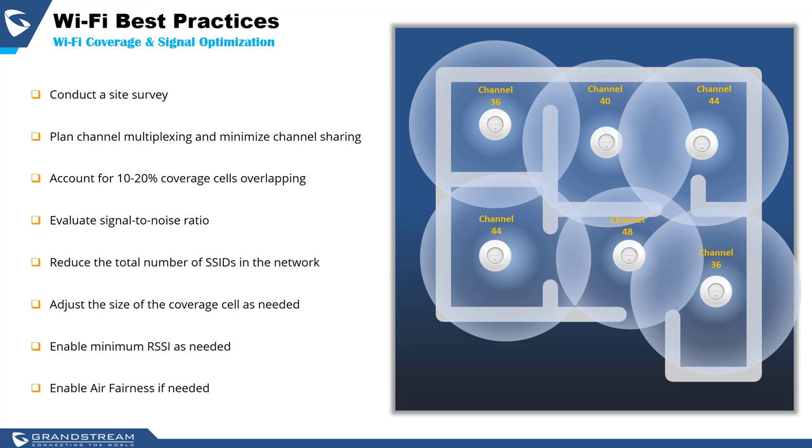When you make the radio power high, the signal propagates over a long distance, and sometimes that could create a lot of interference. So we just want the radio signal to cover the area that we need with the access point. Also remember to enable minimum RSSI as needed.